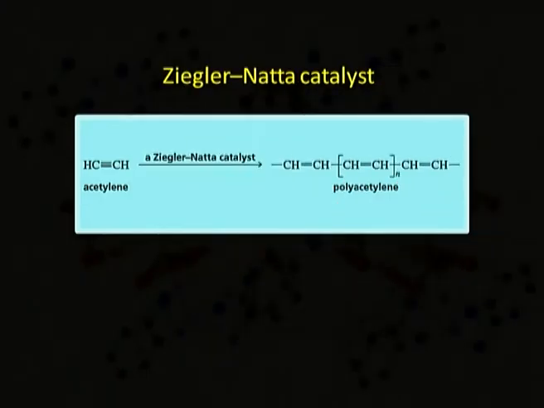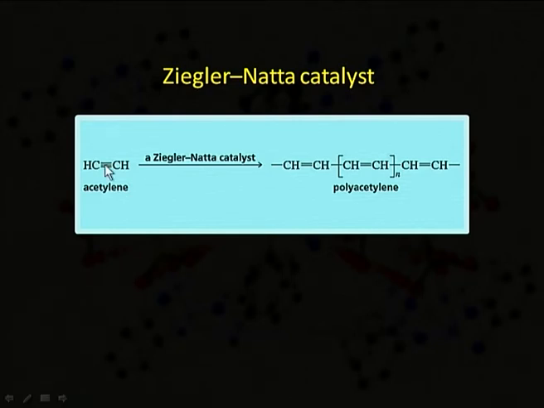Now, we will discuss the Ziegler-Natta catalyst. Ziegler-Natta catalyst is commonly used in the polymerization industry to form different kinds of polymers, that is polyethylene, polyvinyl chloride, polypropylene, etc. Here we are taking the example of acetylene in this diagram, the monomer unit, which comes under unsaturated hydrocarbons.